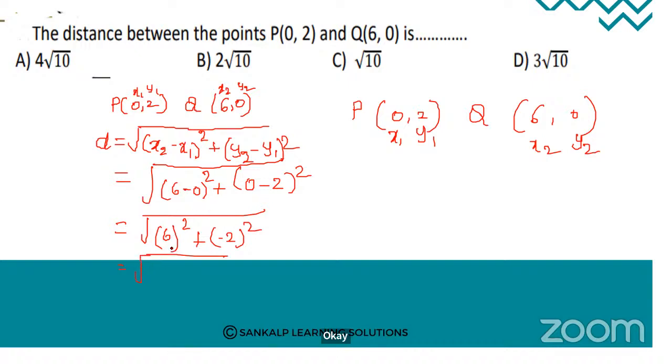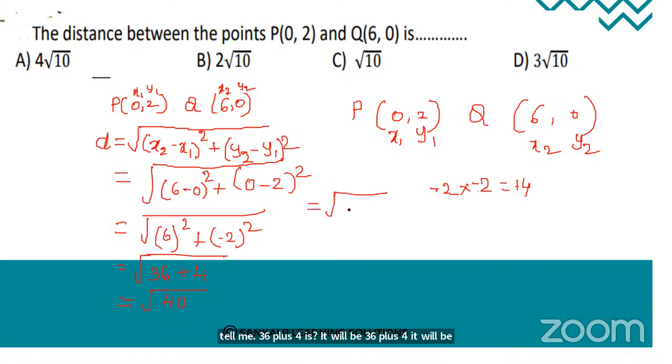It is 6 6s are 36. Yes. Next, minus 2 square. Minus 2 into minus 2. 2 2s are 4. Minus into minus plus. Now it becomes plus 4. Okay. Now tell me 36 plus 4 is, it will be 40. ಎರಡನ್ನು ಕೂಡಿದ್ರೆ 40 ಬಂತು. ಹೌದಾ?